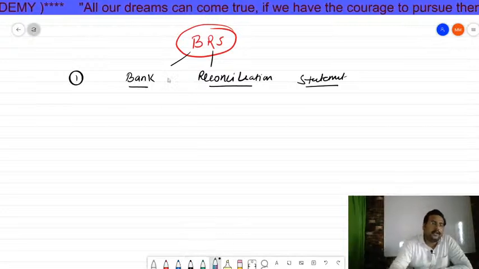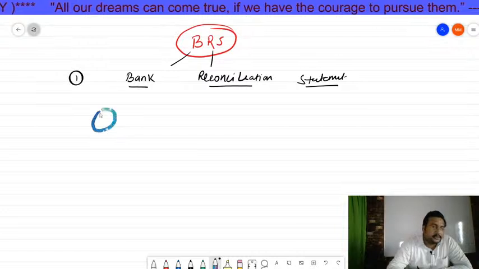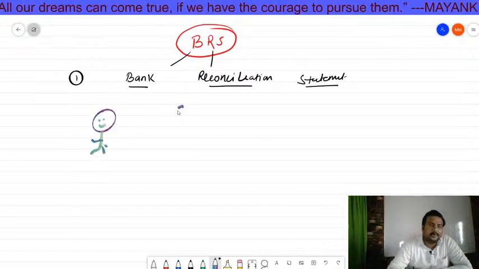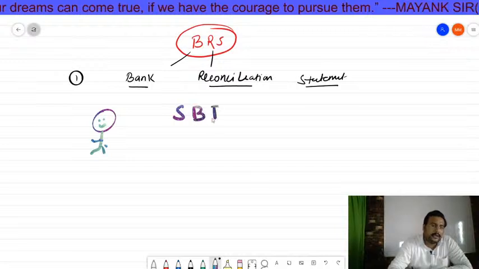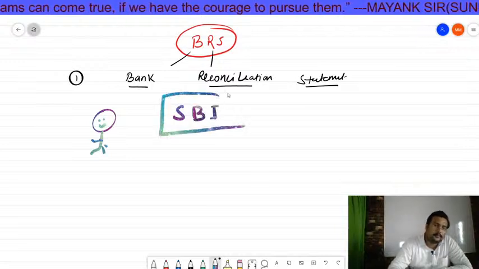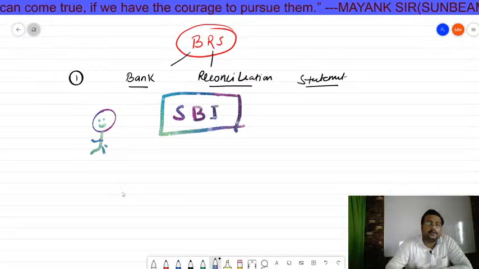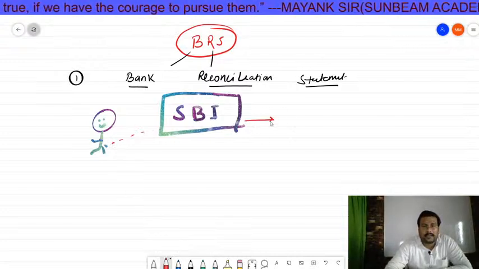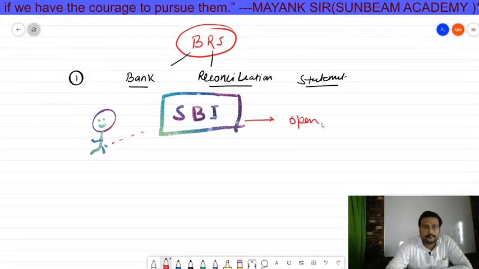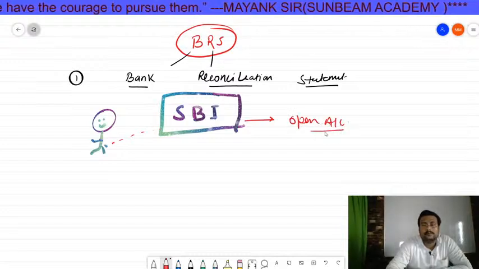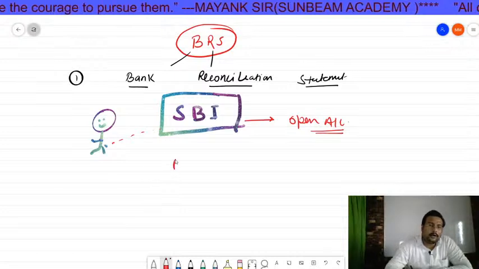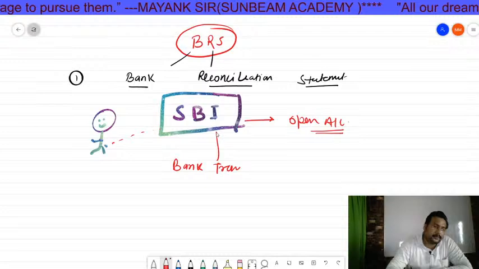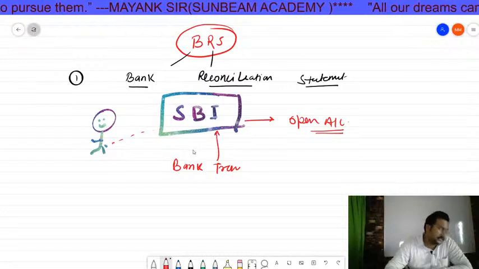अच्छा, अब now बच्चा, what is BRS used for? देखो, whenever a very smart person who has an account in SBI goes to the bank and opens an account, and now all bank transactions the person is doing through SBI only.